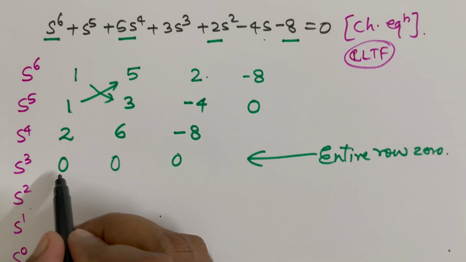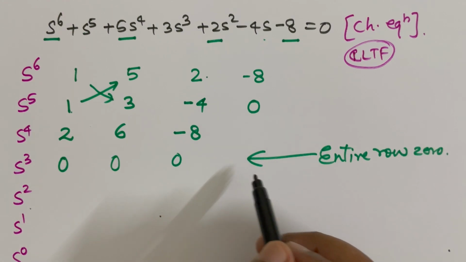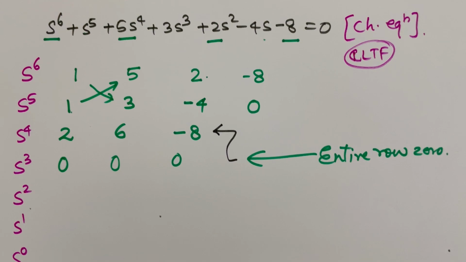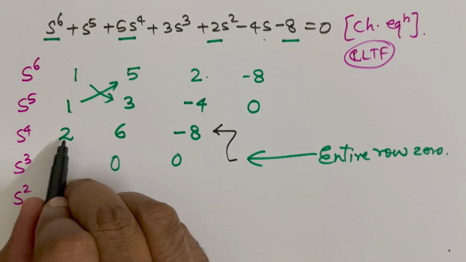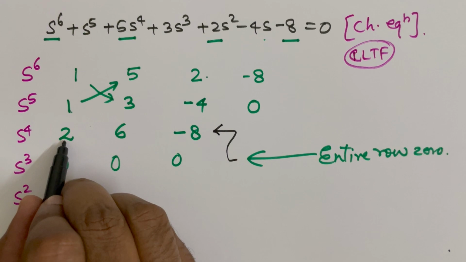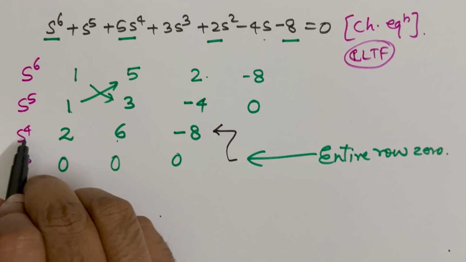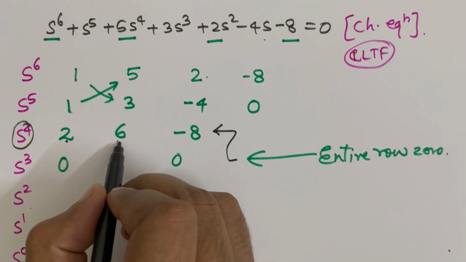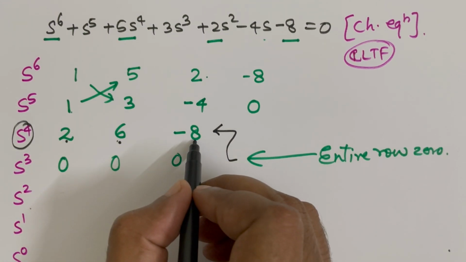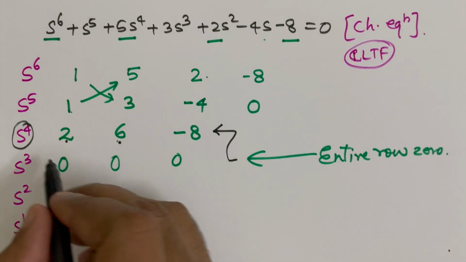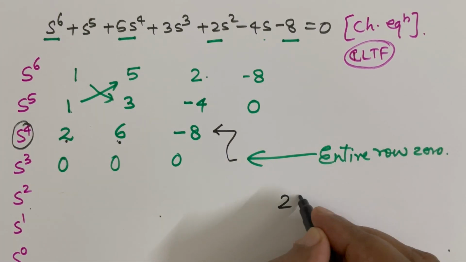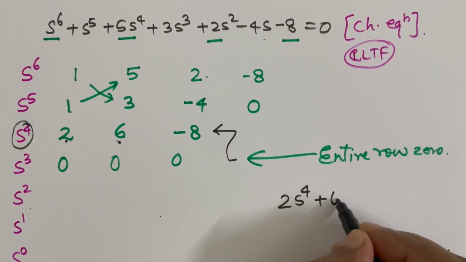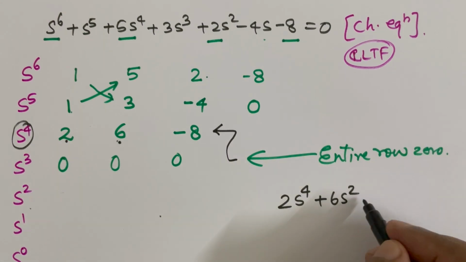Whenever we come across entire 0 terms, we go back to the previous row and write the auxiliary equation by taking this as S4, then this as S square, and this will be a constant. So just keep on reducing. It will be 2 S4, then plus 6 S square minus 8.